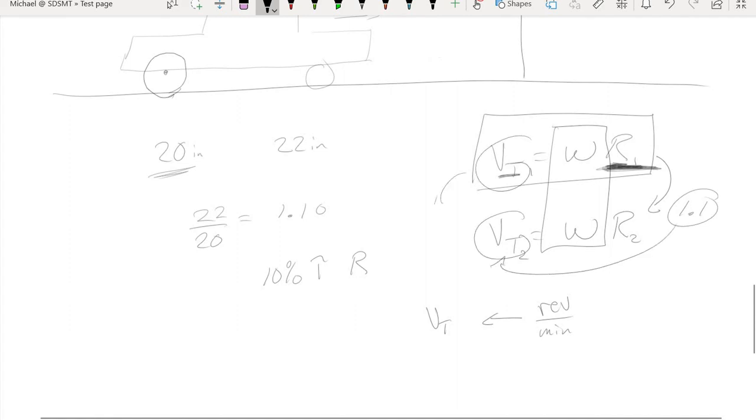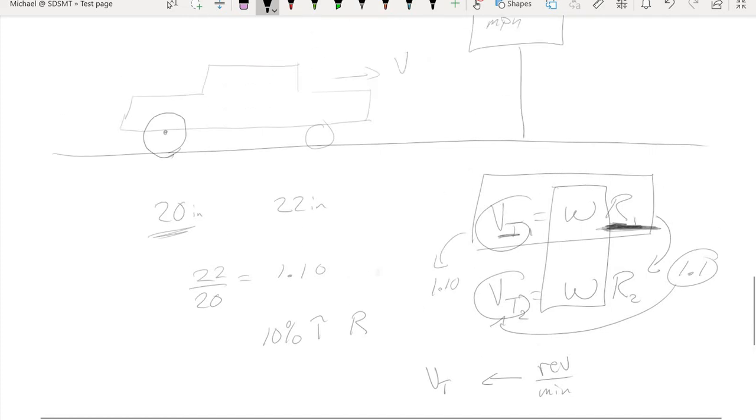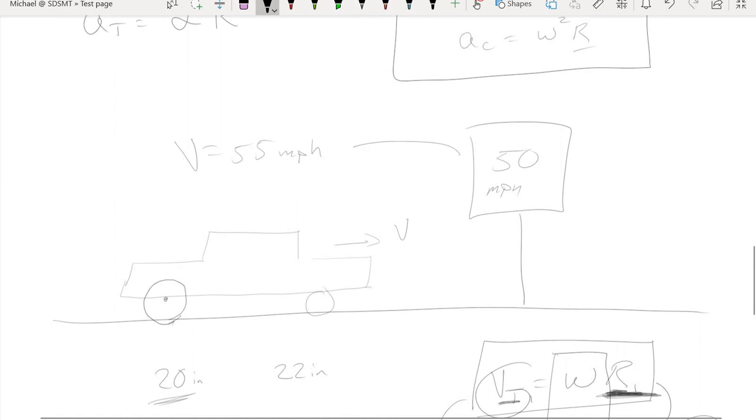Well, it's going to increase the velocity by 10% as well. And that's exactly what happened. My speedometer was showing that I was going 50 miles an hour, but the speedometer was lying to me because I had the wrong size tires on the car. I was actually going 55. And so the cop was right. I was speeding, and I didn't even know it.